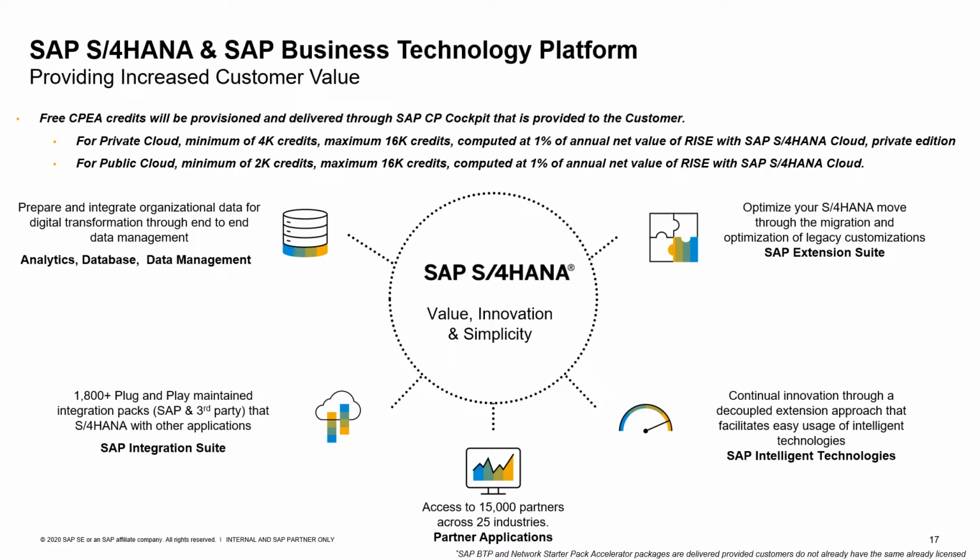For public cloud, there's a minimum of 2,000 euros in credits and a maximum of 6K in credits. This is computed at 1% of the annual net value of RISE with SAP S/4HANA Cloud. And you can see here all of the capabilities and services that will really allow your customer to extend their solution, giving them value, innovation, and simplicity.